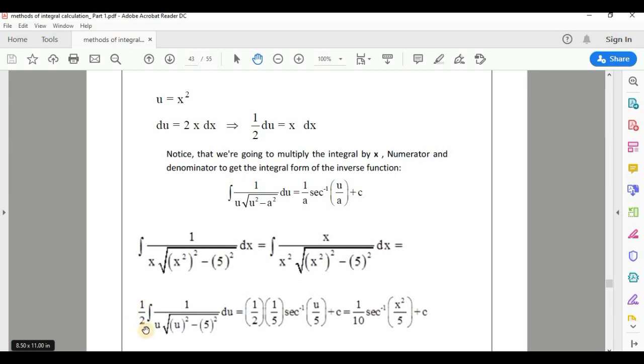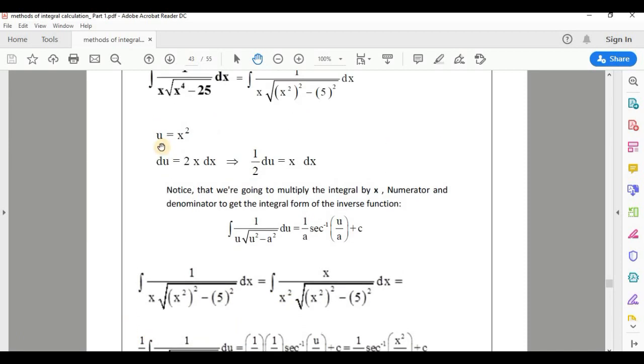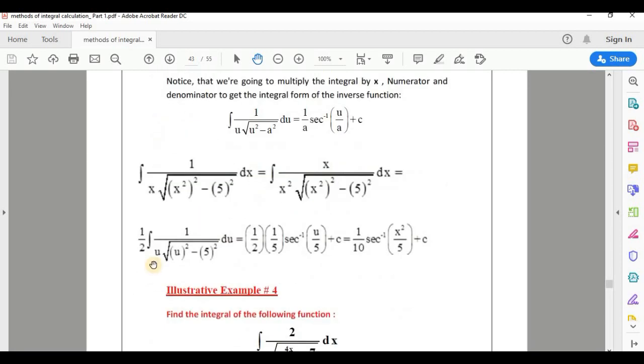The number, we can put it outside the integral. And x to the power 2 will be equal to u. And under the root, x to the power 2 will be u, all to the power 2 minus 5 to the power 2, we'll keep it as it is. The result of this form of integral will be inverse sec. And don't forget, it will be 1 divided by a.